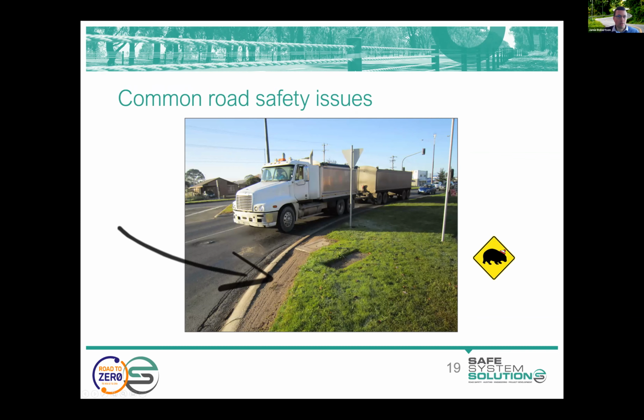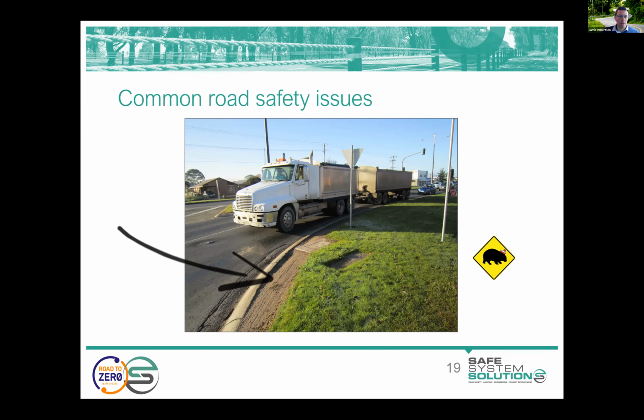Telltale signs out on site that there may not be enough room include vehicles tracking behind curbs, and you can see here vehicles, presumably trucks, have been mounting the curb here. Not always a sign that there's not enough space. Perhaps excessive speed is an issue.